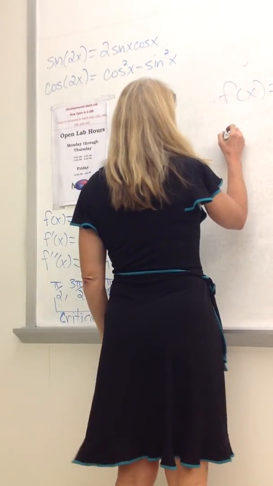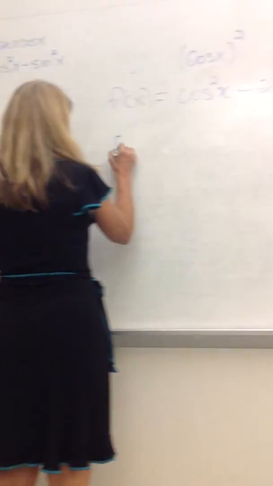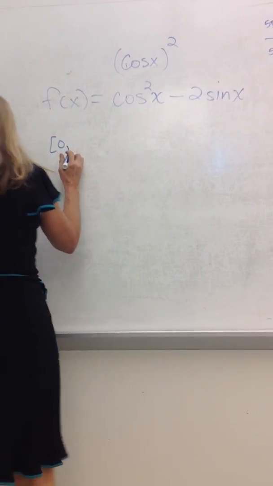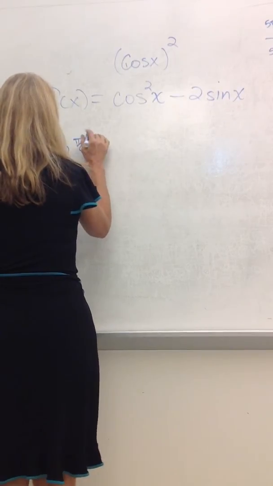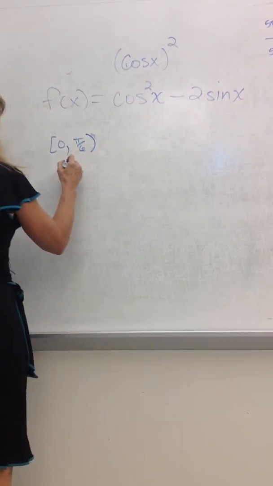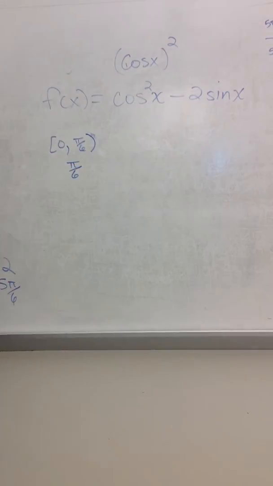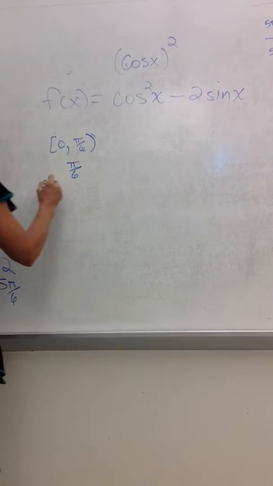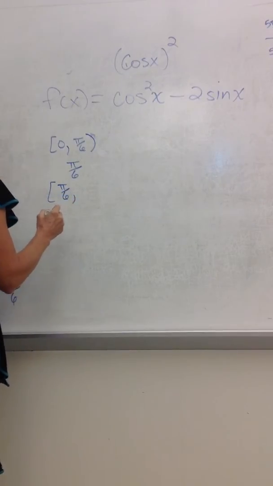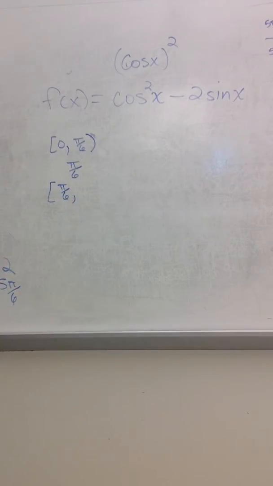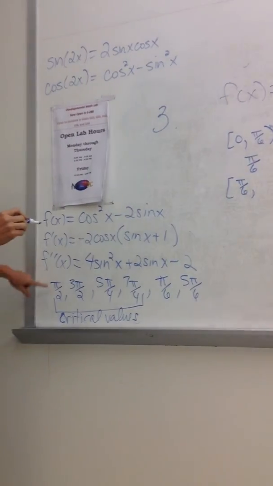So my first interval is going to go from 0 to the smallest of all these, pi over 6. Then you'll account for what's going on at pi over 6. Then you'll go from pi over 6 to the next smallest value, which is pi over 2.